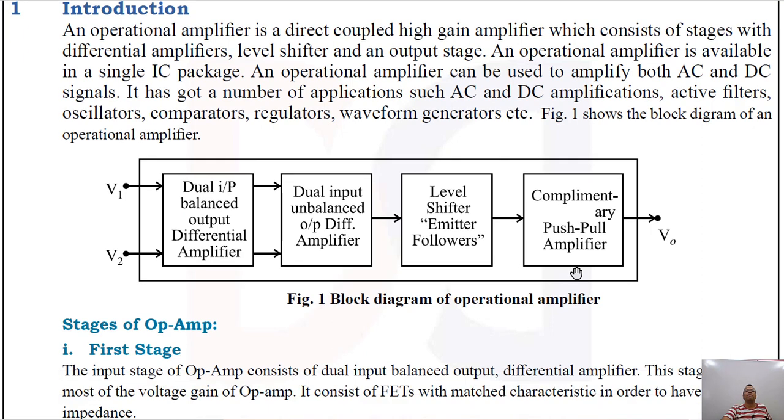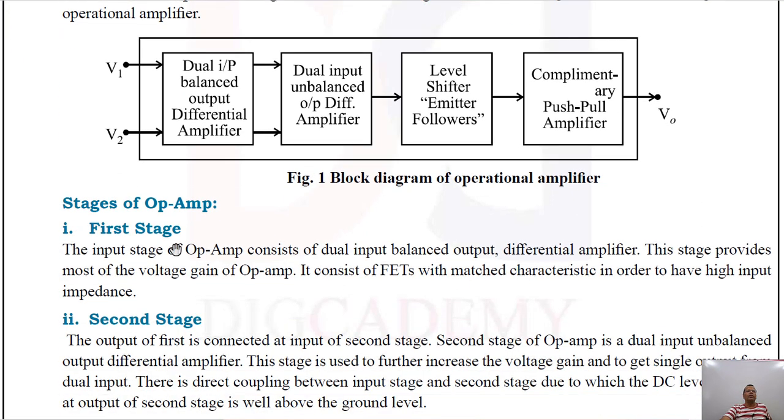So let us see the purpose of each stage. The first stage, the input stage of the operational amplifier, consists of dual input balanced output differential amplifier. I have already explained the meaning. This stage provides most of the voltage gain. So most of the voltage gain of the operational amplifier is provided by the input stage, that is dual input balanced output differential amplifier.